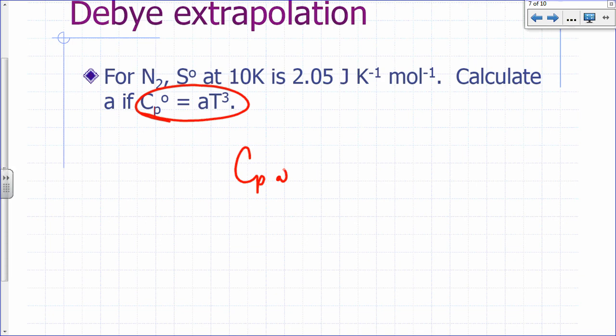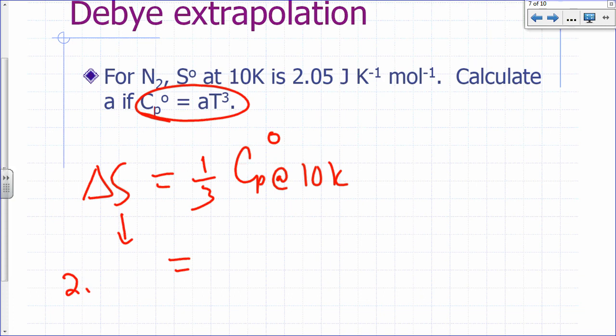Then Cp at 10 K, we said, was just 1/3. It's just equal to what? What did we just show? Delta S would be 1/3 of Cp at 10 Kelvin, right? So what would this delta S be? 2.05 joules per Kelvin per mole, right?